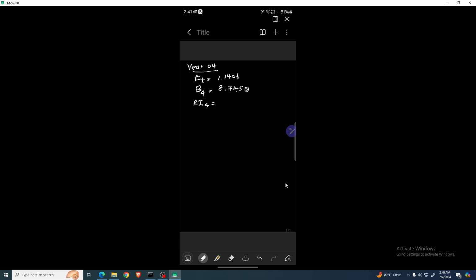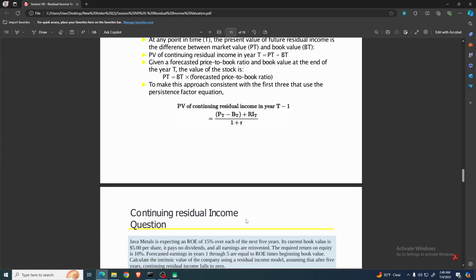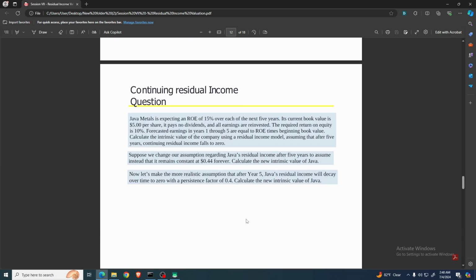I think I did. Yeah, let me go back to the example first. Okay, let's see. It's going to be 1.14065 minus 0.760437. So it's going to be 0.3038021875. Okay.